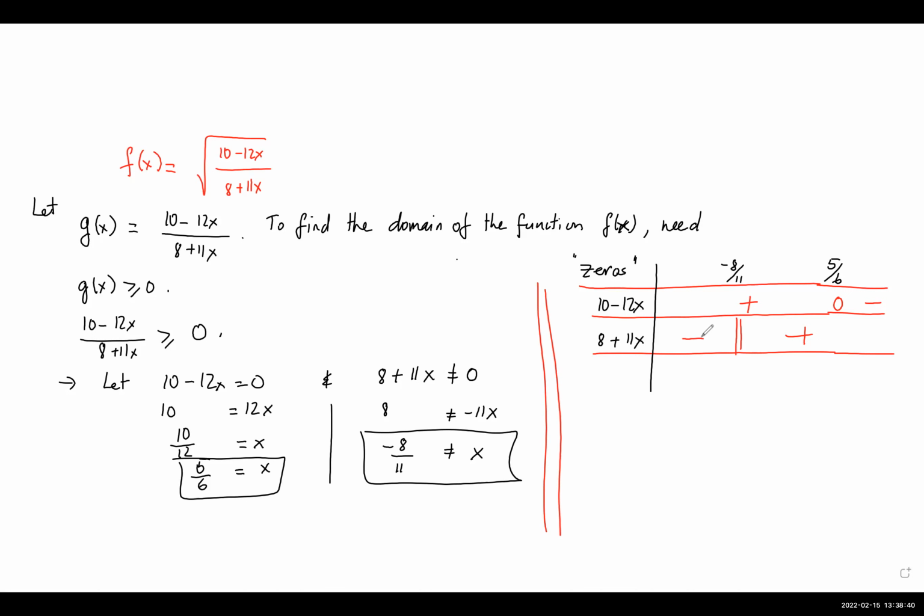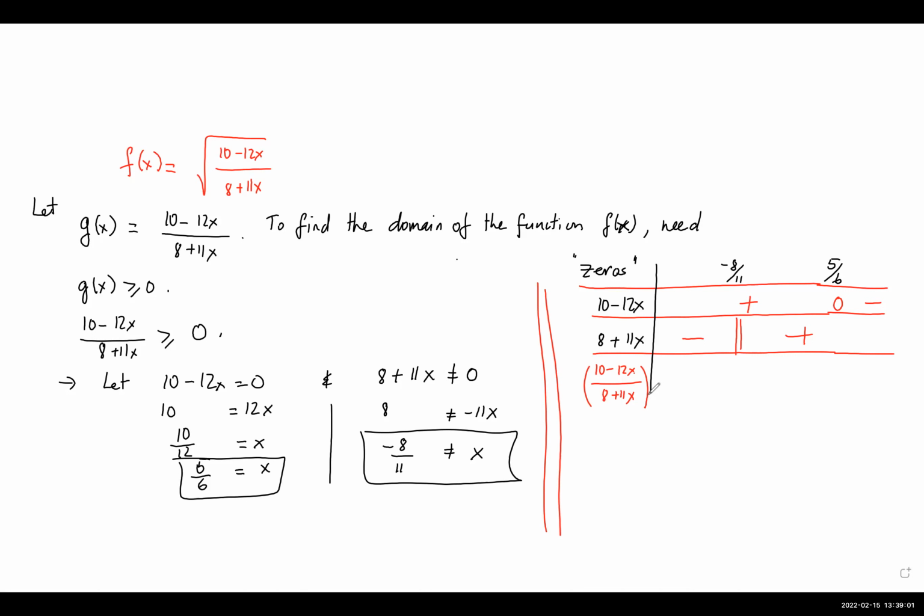All right. Now, the bottom row is where we put the function together. We want g of x greater than or equal to 0.